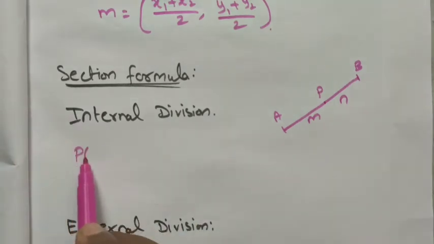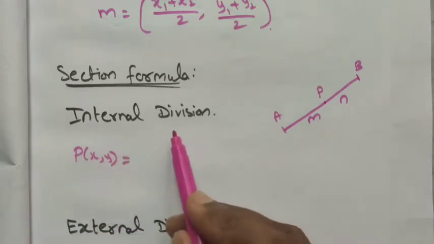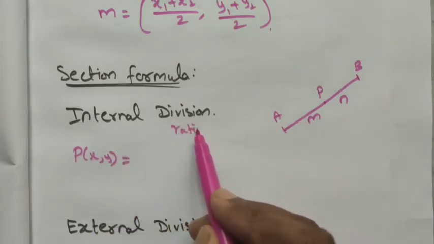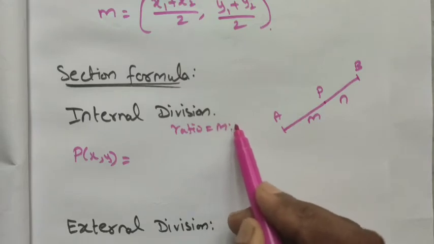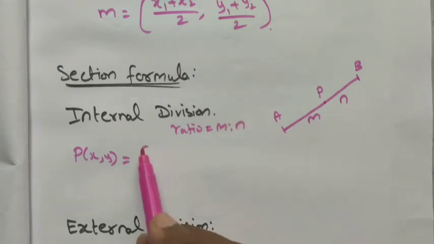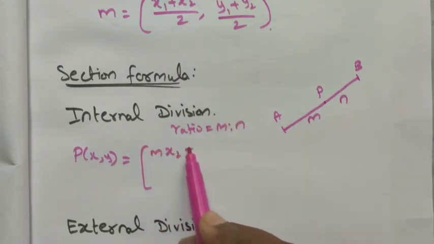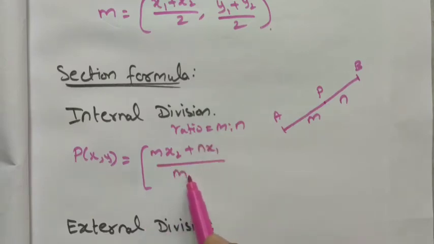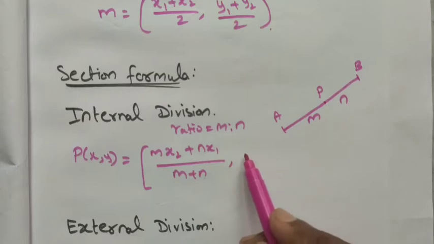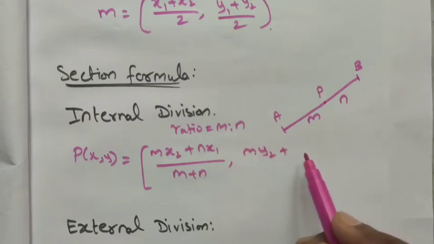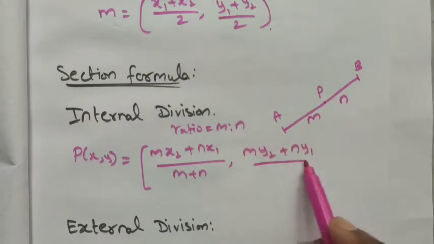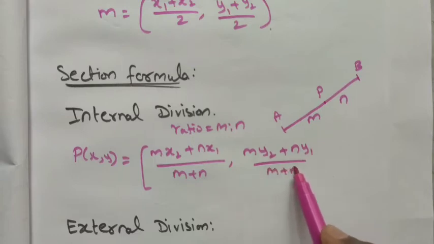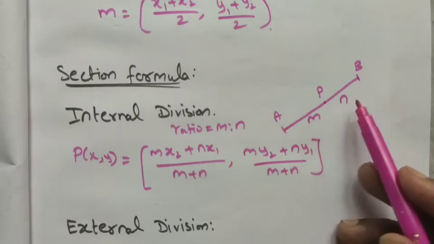We want to find out P of (x, y). The formula is (M x2 plus N x1) divided by (M plus N), comma, (M y2 plus N y1) divided by (M plus N). This is the formula when it divides the line internally in the ratio.